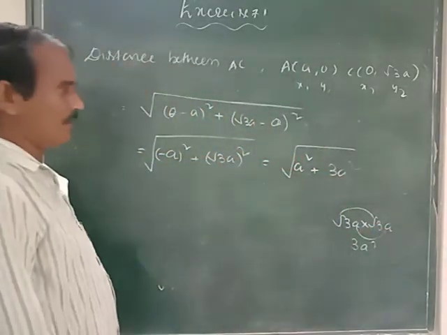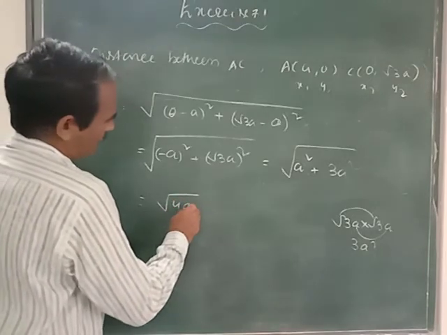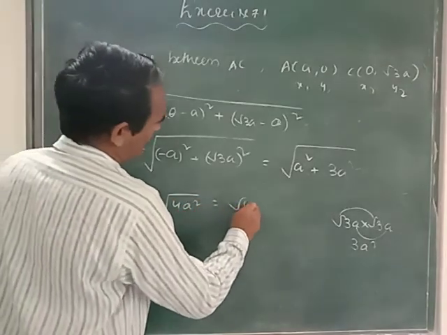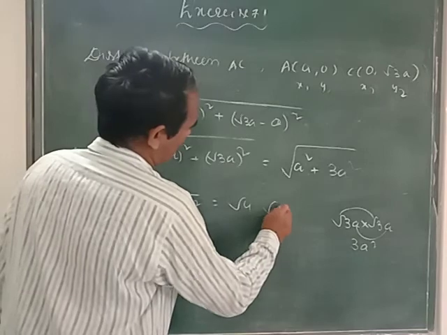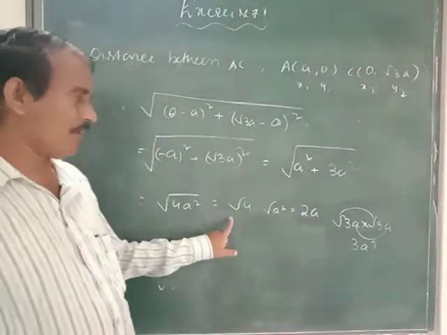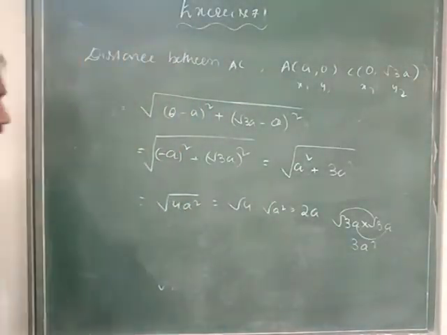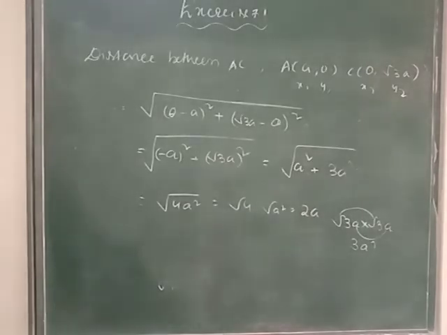Now that is root over 4a square, that is root 4 into root a square. Root 4 value is 2 and root and square cancel, that is 2a. Now what do you observe? From this, AB is equal to BC is equal to CA is equal to 2a.